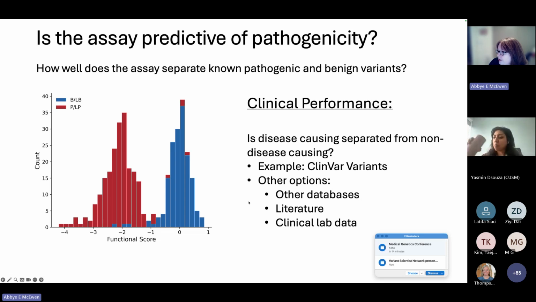Other options would be other large databases such as HGMD, BRCA Exchange, etc. I've seen people curate manual data sets from the literature, and I've also seen people use data sets curated from internal laboratory data. So from this example, you can see that the benign and the pathogenic are pretty well separated, meaning that the disease-causing variants are fairly well separated from the non-disease-causing variants.